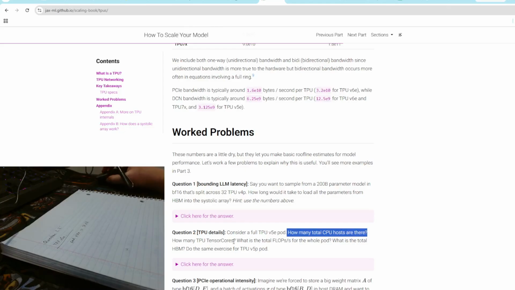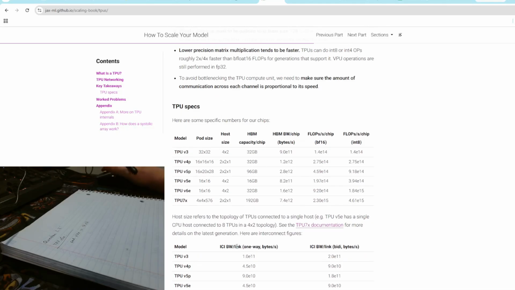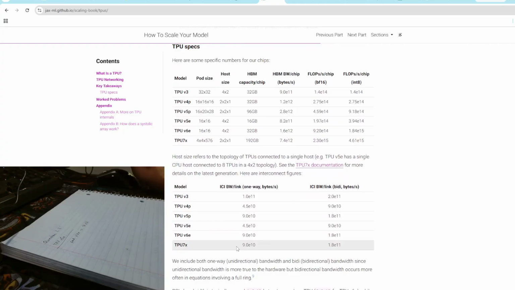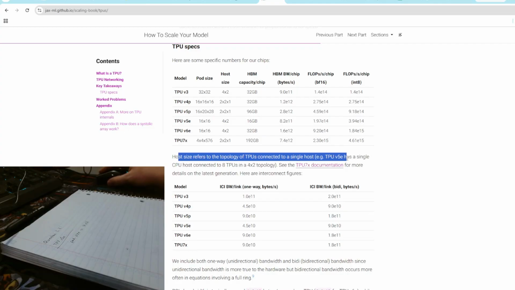And there should be 16 times 16 tensor cores, right? So I need to confirm that there's only 1 CPU per pod. Host size refers to the topology of TPUs connected to a single host. v5e has a single CPU host connected to 8 TPUs in a 4x2 topology.